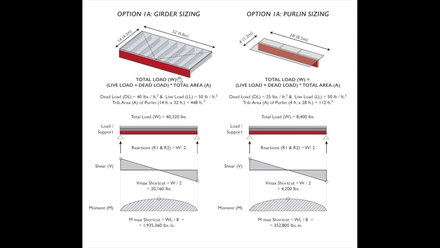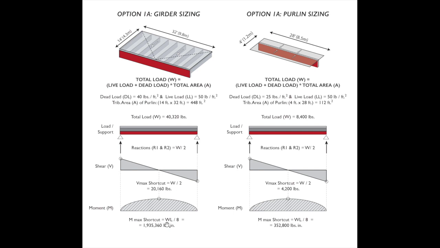We can start with the total load, and again, repeating what we had before, times its tributary area for the girder and the purlin. Even though I could have mapped these out and graphed these out, I'm using this shortcut. The Vmax shortcut is W divided by 2, W again being the total load.